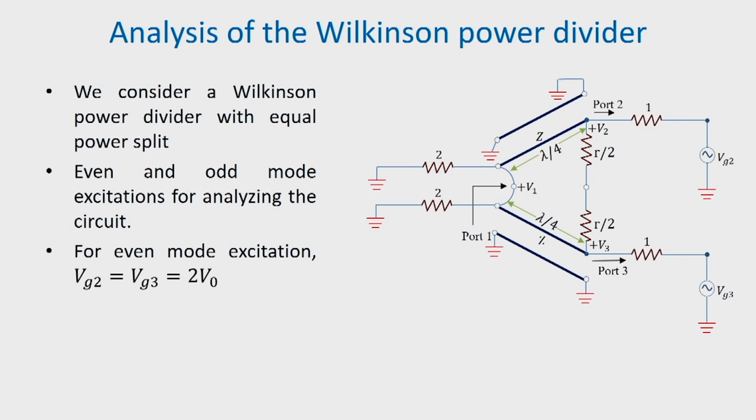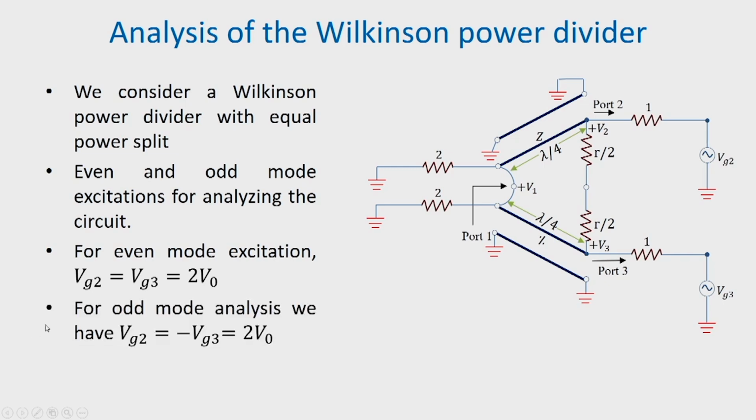Now, when we consider even mode excitation, Vg2 is the same as Vg3, and we take Vg2 equal to Vg3 equal to 2 V naught. Similarly, for odd mode analysis, we consider Vg2 equal to 2 V naught, but Vg3 equal to minus 2 V naught.